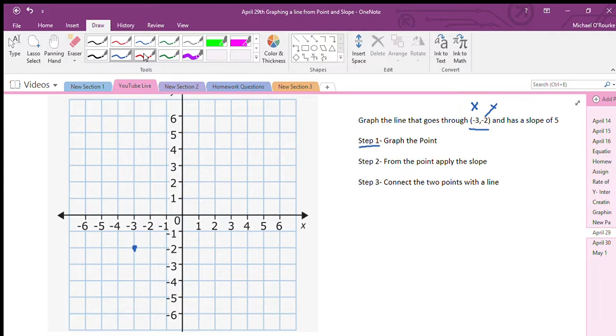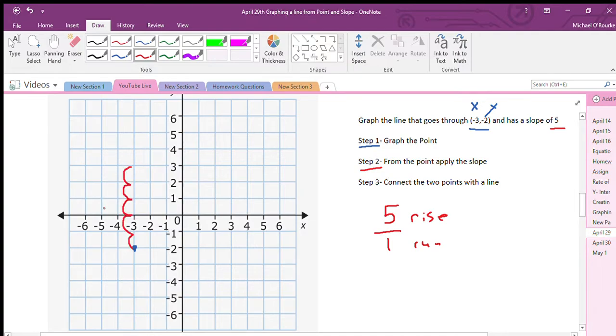Next step, graph the slope. So slope is 5. You have to remember it's 5 over 1. So rise and run. We're going to go up 5: 1, 2, 3, 4, 5. So it's up 5, and we're going over 1. So there's our second point, right there. Then the third step is to draw a line.